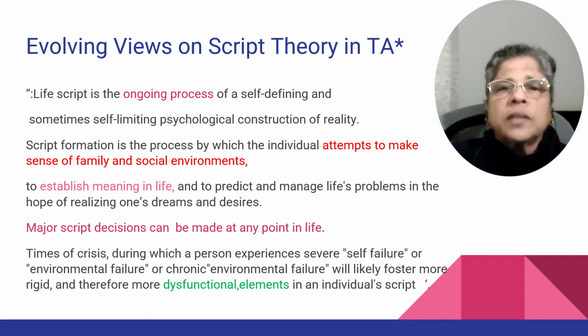The purpose is to establish meaning and have a plan for how to live future. And major script decisions can be made at any point in life. And at the times of crisis, some of the restrictive elements of script do come up.